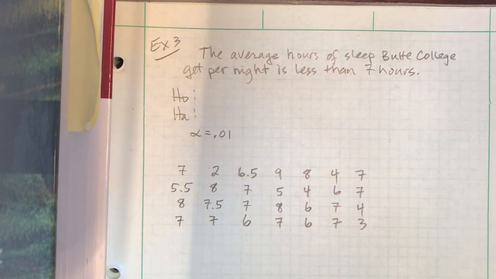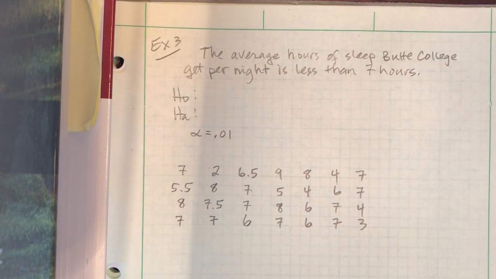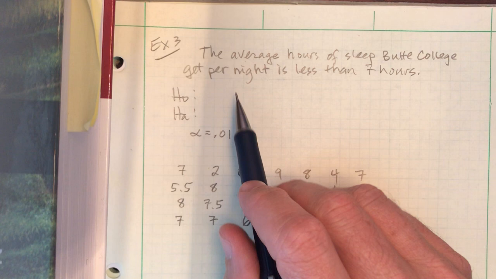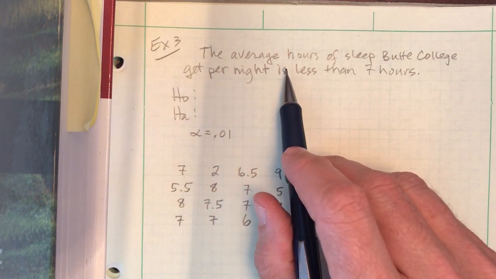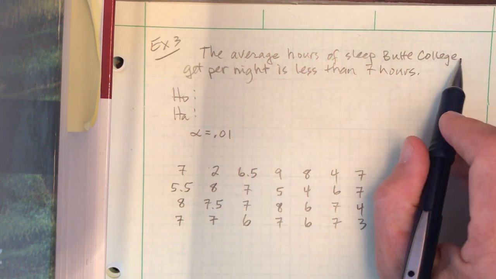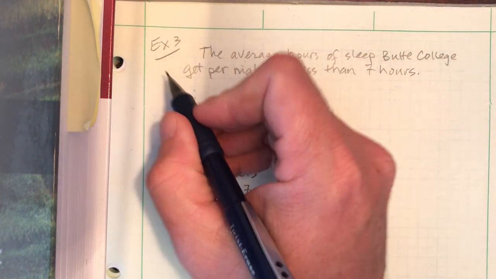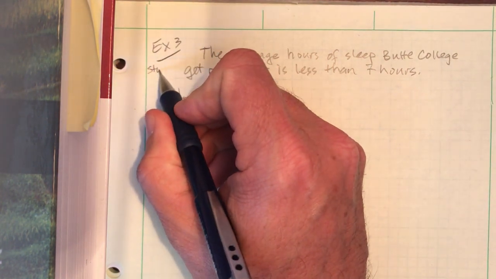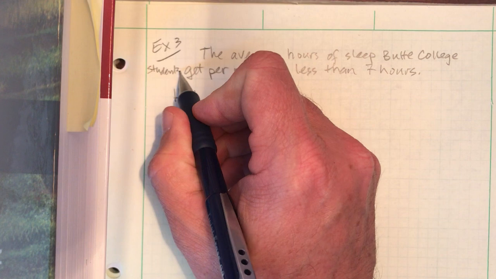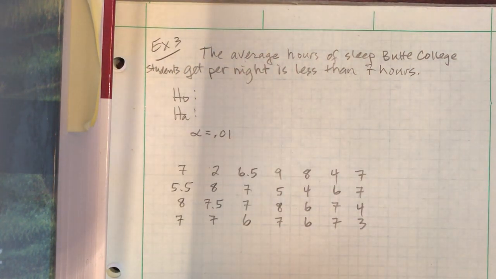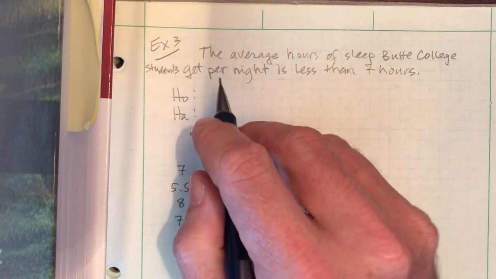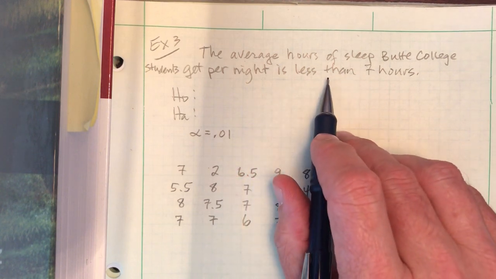Let's look at two more examples of hypothesis testing for averages or means. The sentence claims the average hours of sleep Butte College students get per night is less than 7 hours.